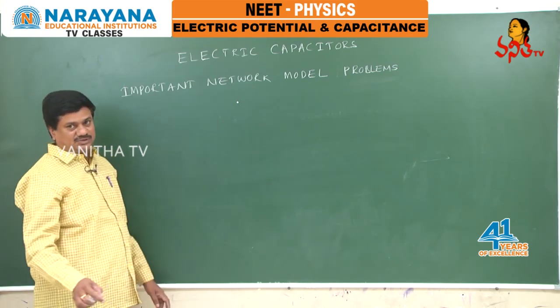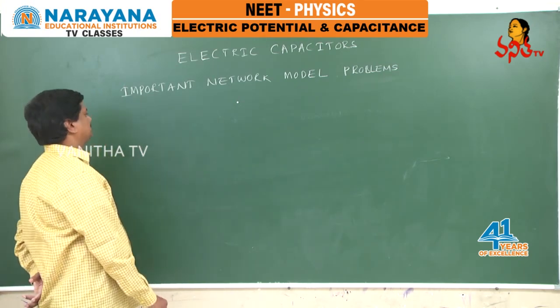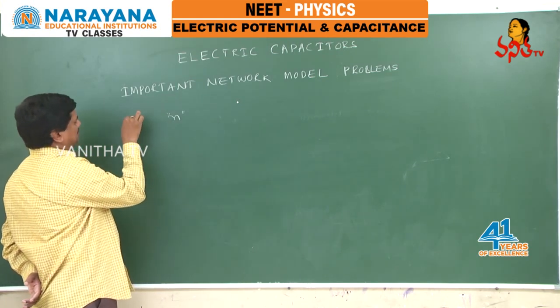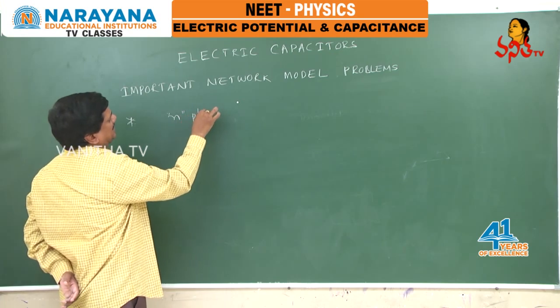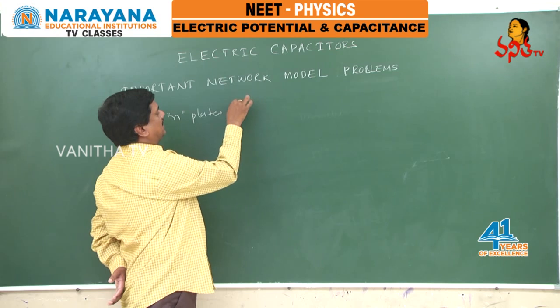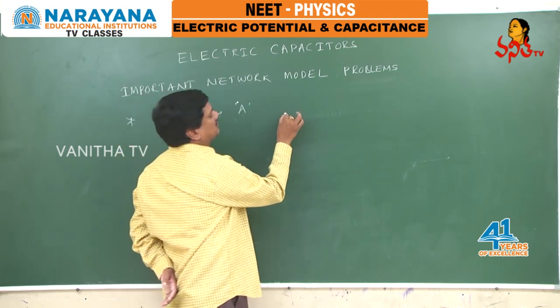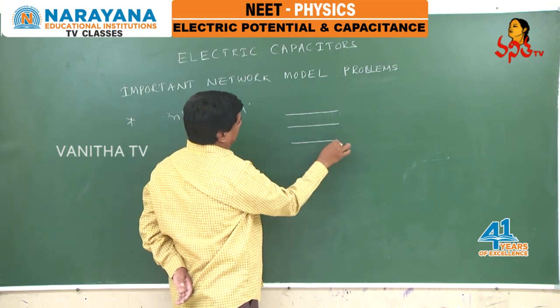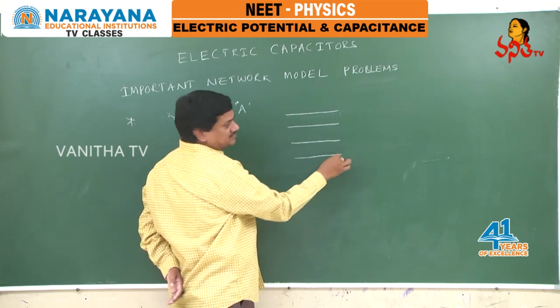After this, one more application is n number of plates are given. This is an important application. N plates, each of area A, are arranged in parallel with equal separation. Say for our convenience here I am taking 4 plates.